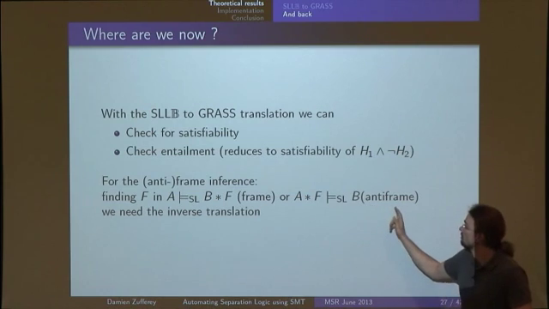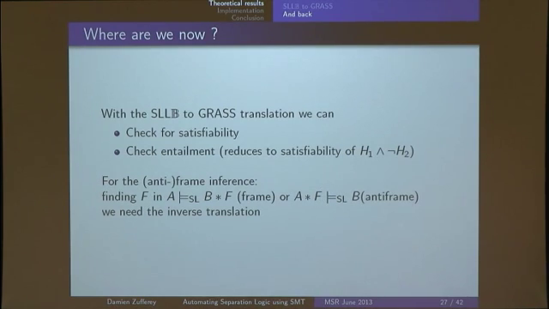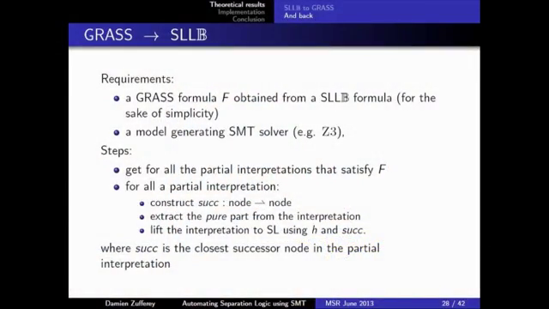And then there can also be the reverse problem of finding the part that you might need to add to the current state of the heap to satisfy B. So for that, we'll need the inverse translation from GRASS to SLL. For the sake of simplicity, currently we just assume that the formula that we have in GRASS corresponds to a formula obtained by this translation.